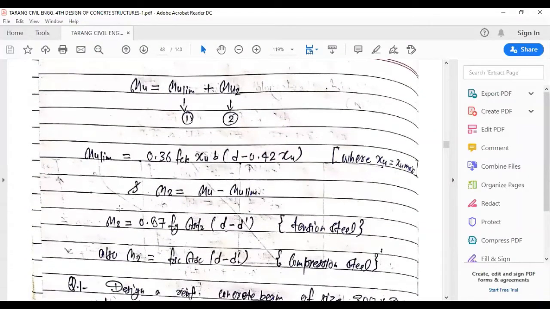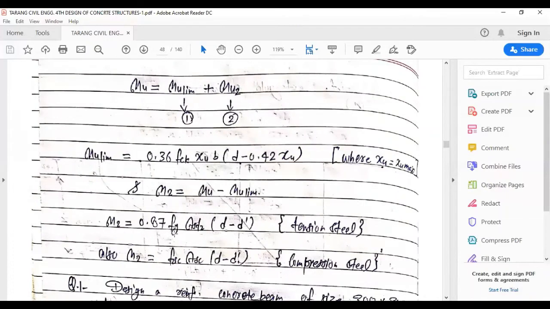And we know that the value of M2 for tensile steel is given by the formula 0.87 Fy AST2 into D minus D dash. And M2 for compression steel, which we have discussed already, is given by FSC multiplied by ASC, and this multiplied by D minus D dash.